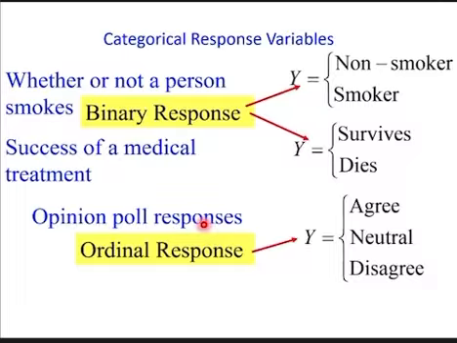Number two, there's going to be violations of linearity. Of course, you're never going to have linearity in a situation where the response variable is categorical, and you're going to have a nonsensical prediction. That's why we cannot use a linear relationship for a classification problem.